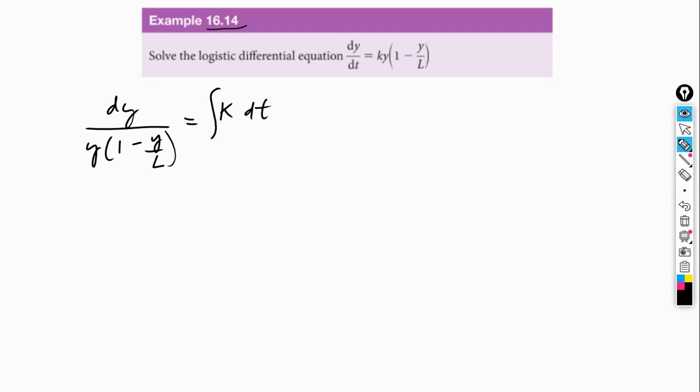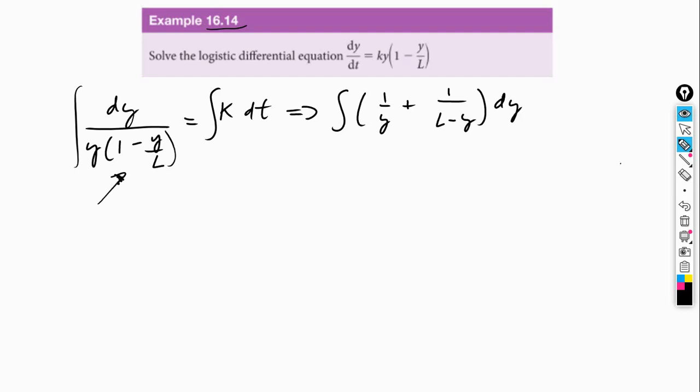So on the right-hand side, we integrate with respect to time, and on the left-hand side, we integrate with respect to y. So notice that if we rearrange the expression on the left-hand side, we can write it as the integration of (1 over y plus 1 over (L minus y)) dy, and that would be the result of applying partial fractions to this expression. And then on the right-hand side, it remains the same.